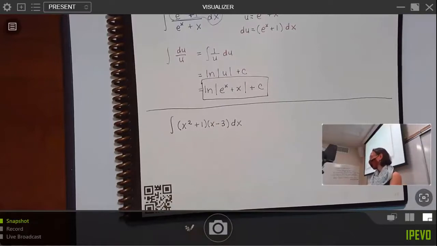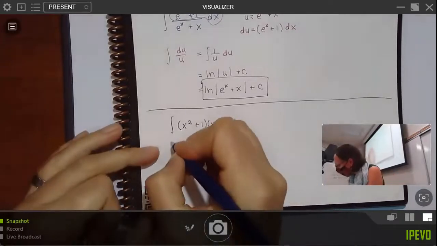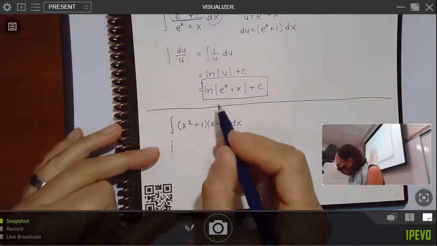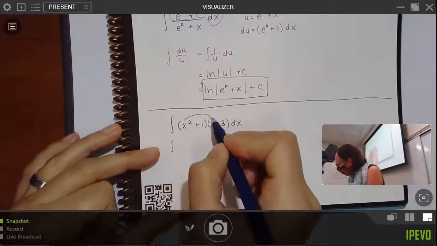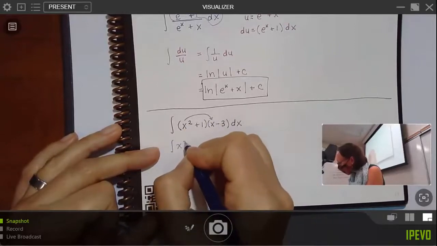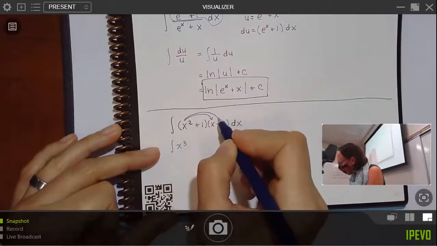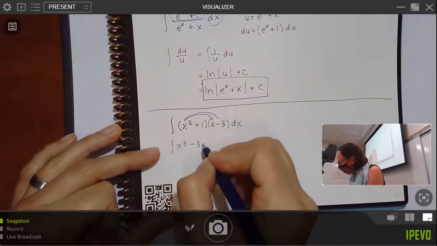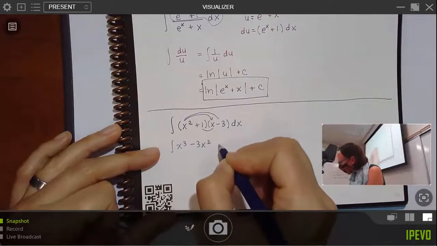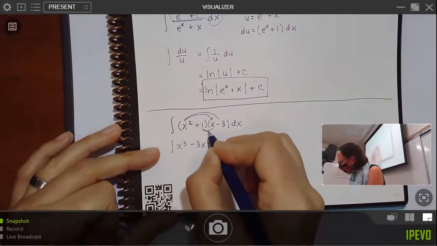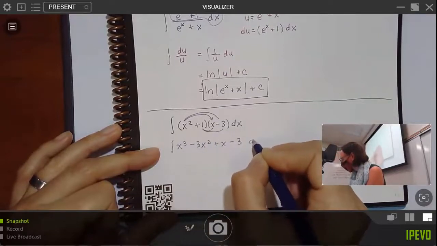This one, we really should just multiply the stuff out and make the whole thing look like x is raised to powers. So if I start distributing out, x squared times x will be x cubed, and then minus 3x squared plus x and minus 3.